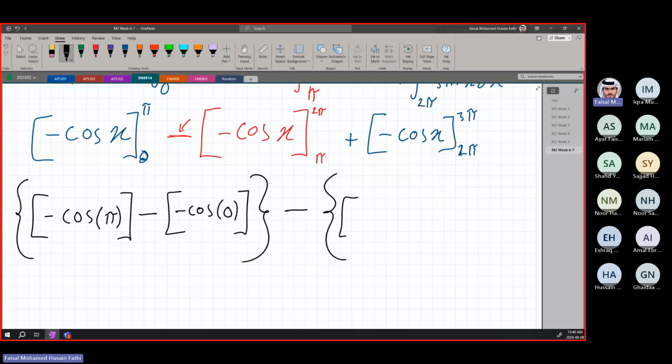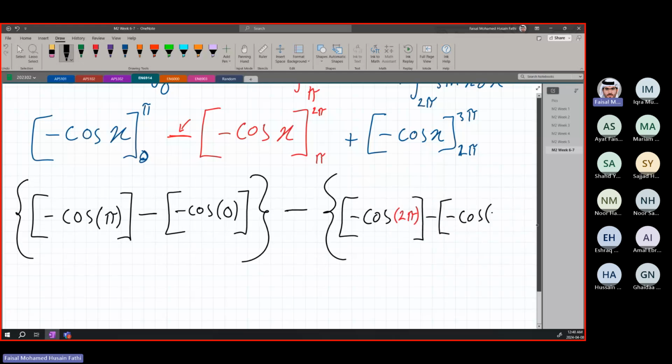See where you can make mistakes is here. Minus cosine of x, what is x in this case now? It is 2 pi. Then minus, and close this, minus cosine of pi. See how many minuses we have. This is where you'll make the mistake.